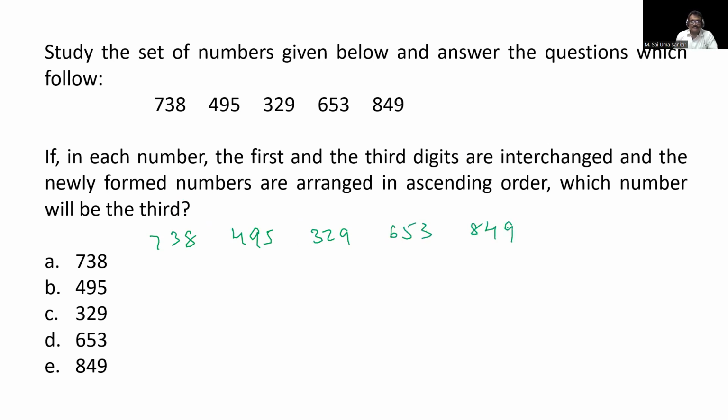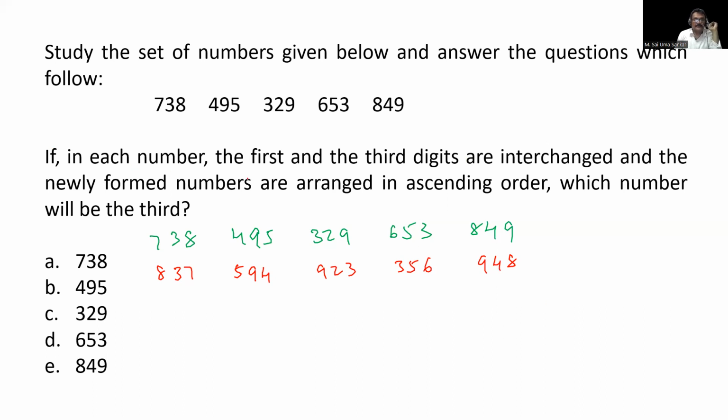In each number, first and third digits are interchanged. Then what happened? This is equal to 837, 594, 923, 356, and 948.